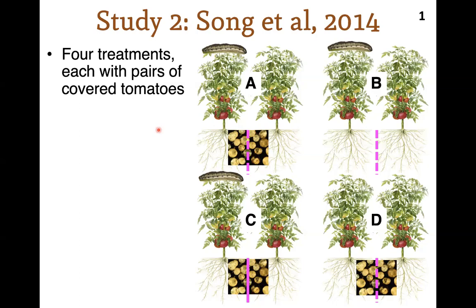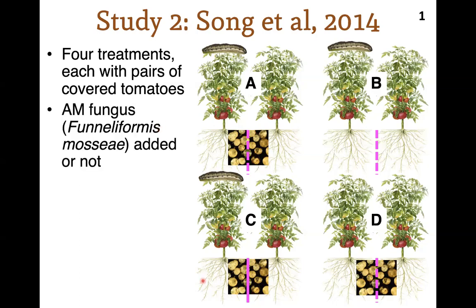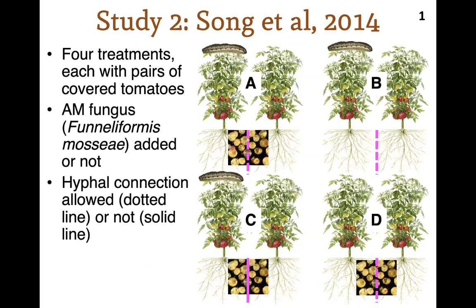And for these tomatoes, they infected them with an arbuscular mycorrhizal fungus, Funneliformis mosseae for what it's worth, which is kind of what these potato-shaped things down here are indicating. These are the spores, actually, of this fungus that we use to inoculate it. The pink lines that are shown here are indicating whether a hyphal connection is allowed or not.